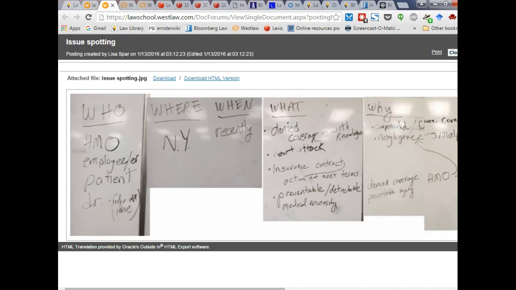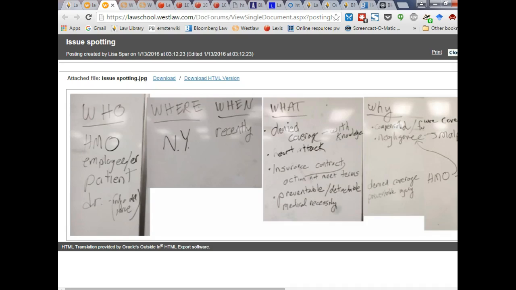So our issue regarding our client who has health coverage through an HMO and wanted to go to see a specialist and basically was told by the HMO, we're not going to cover that. And the specialist was a cardiologist. She had a heart attack 6 months later, and now she wants to sue her HMO for denying coverage. And so we sat down and thought about our issue, because before you put finger to keyboard or hand to book, you need to figure out what words to either type in or look up, right?